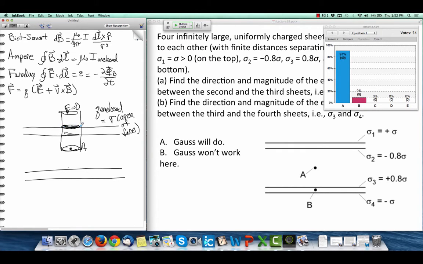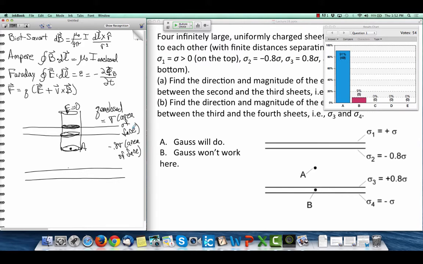upper sheet. The sheet down just below it is negative 0.8 sigma. So minus 0.8 sigma times the same area of the face of this, the bottom face or the top face of that cylinder. They have the same area. So in other words, the cross-sectional area of the cylinder.